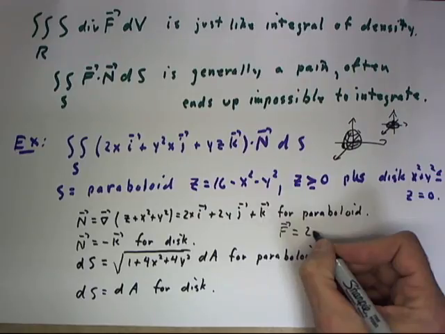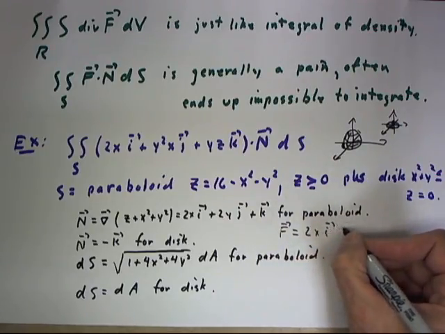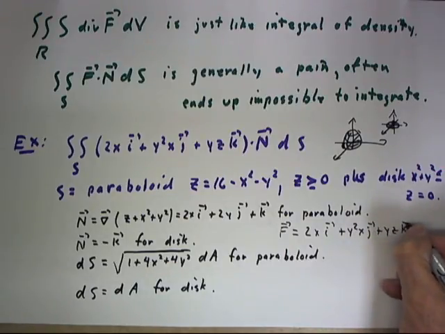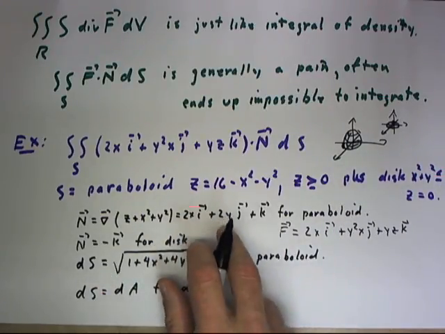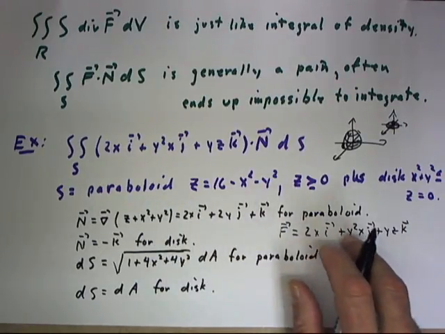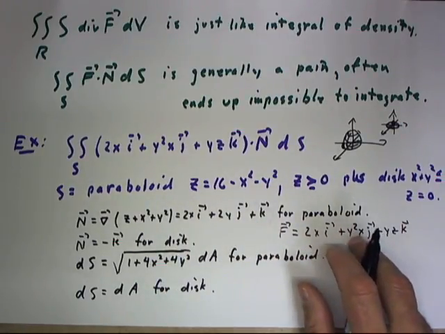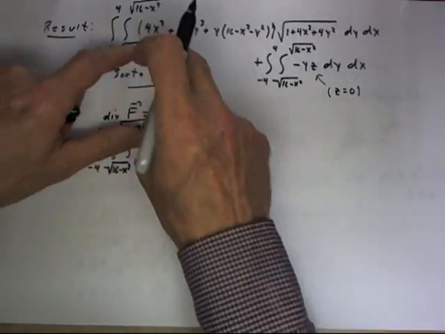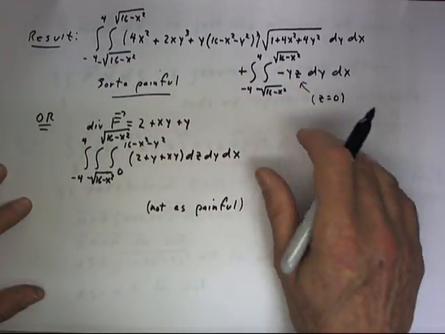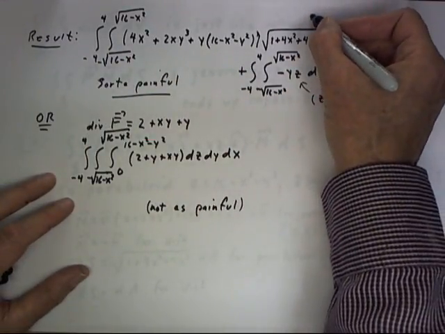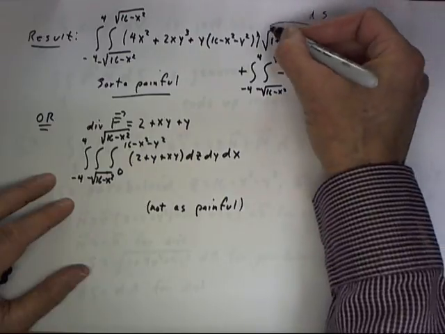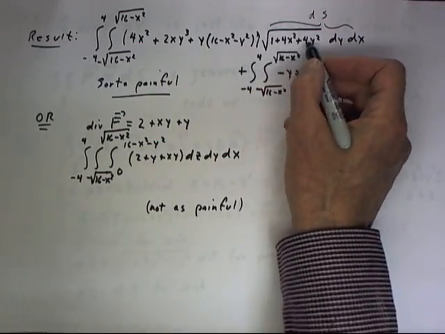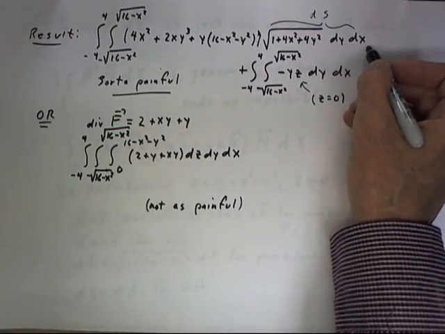F is 2x i plus y squared x j plus yz k. If we dot that with our normal vector, we get 4x squared and 2y cubed x and yz. And that's exactly, I think, what I've written down here. Multiplying by our dS, which is, again, our angle factor, our 1 over cosine of gamma times our dy dx.